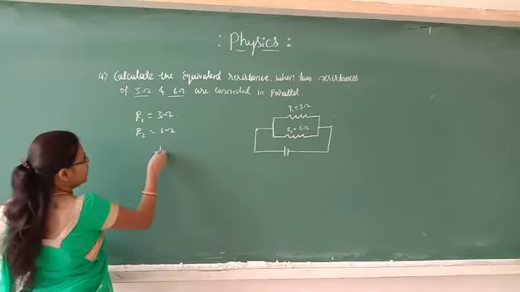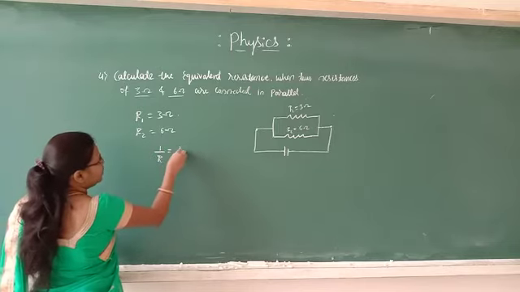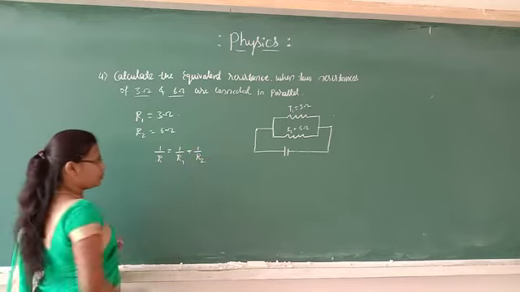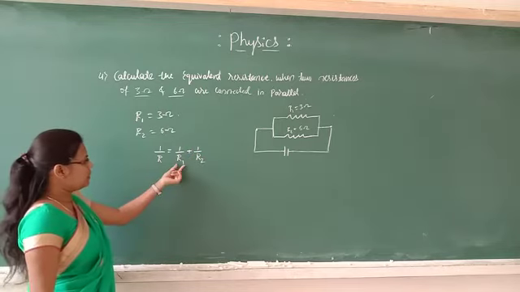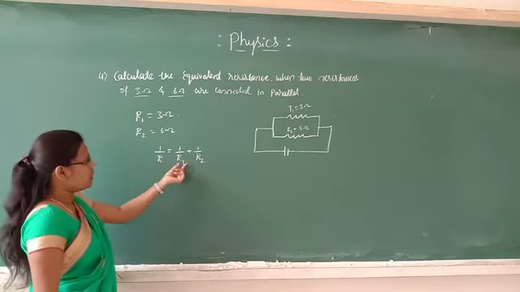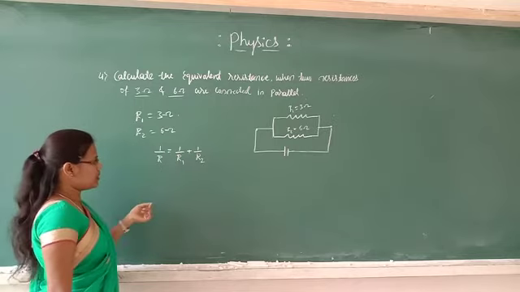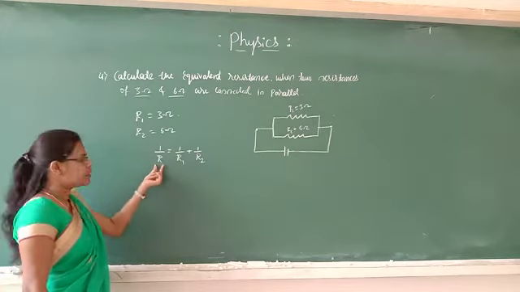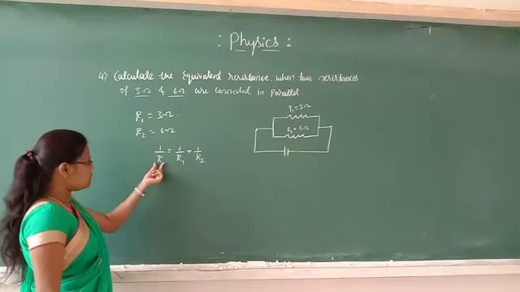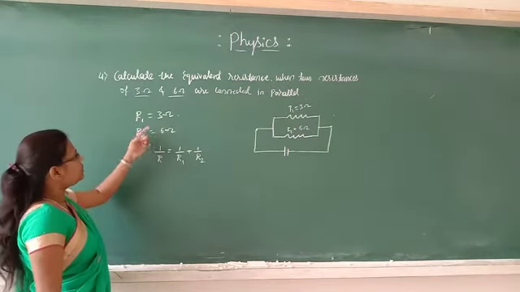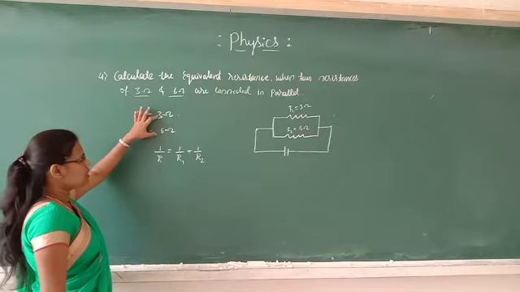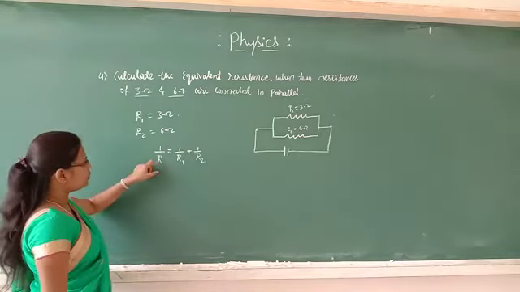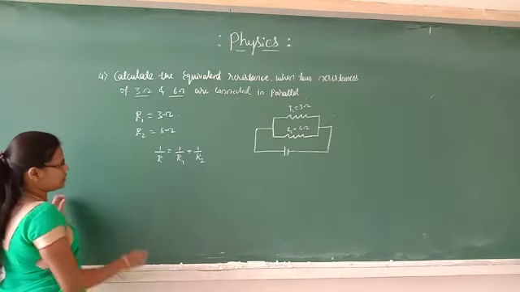So that is 1 divided by R is equal to 1 divided by R1 plus 1 divided by R2. Okay. So R1 means it is the first resistance, R2 means it is the second resistance, and R means it is the equivalent resistance.